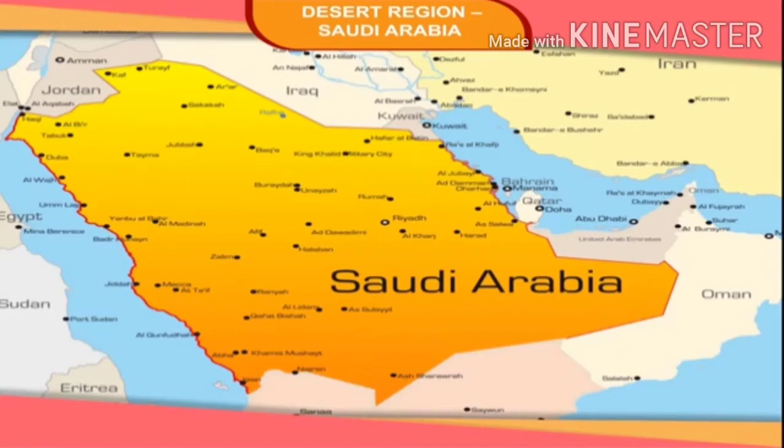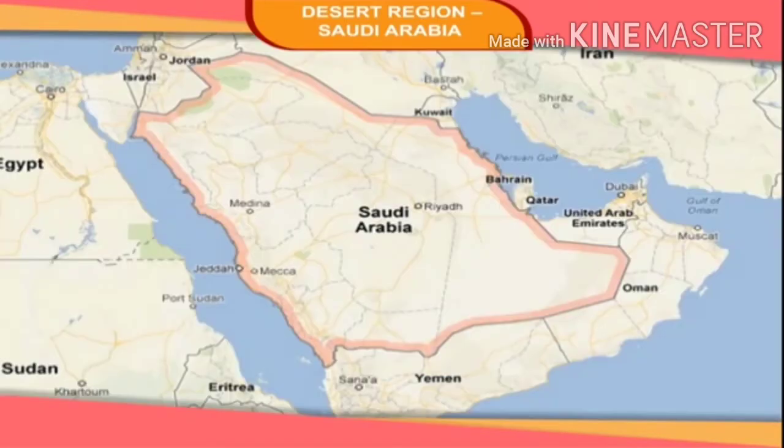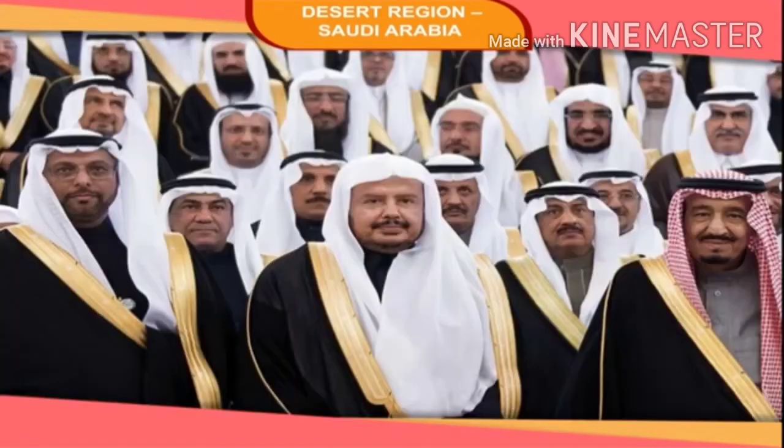The Arabian Desert occupies almost the entire Arabian Peninsula. A large part of the Arabian Desert lies within Saudi Arabia. It is in Asia. Saudi Arabia is named after the House of Saud, the founding and ruling dynasty of Sauds.